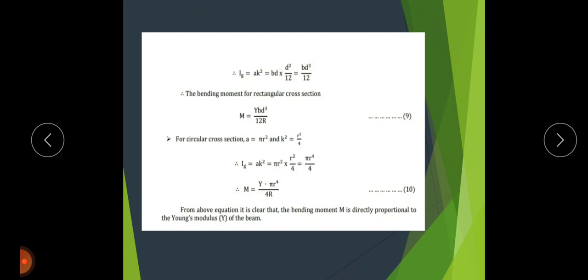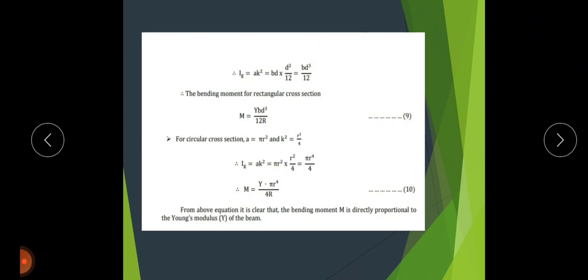We know that the bending moment for the circular cross section is M is equal to y into Ig divided by r. Substituting the Ig value of pi r to the power of 4 divided by 4, the bending moment can be written as M is equal to y into pi r to the power of 4 divided by 4 r.